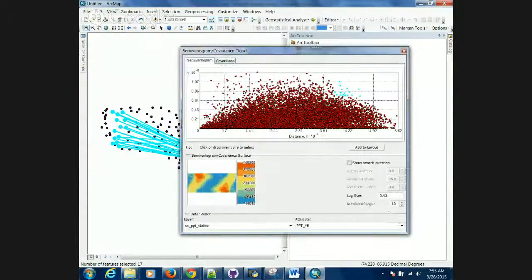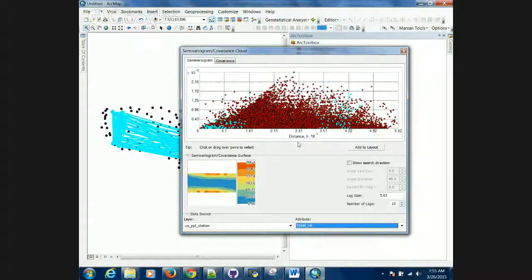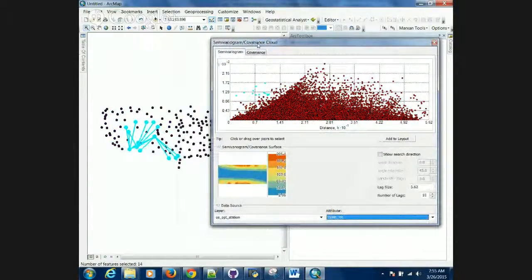In the lab, I didn't have you do this, but you could go to temperature and see if you could find similar issues. So here's temperature. We don't have quite as many, but if we looked up here in this corner again, these are areas that have a relatively high covariance and a relatively low distance between them.